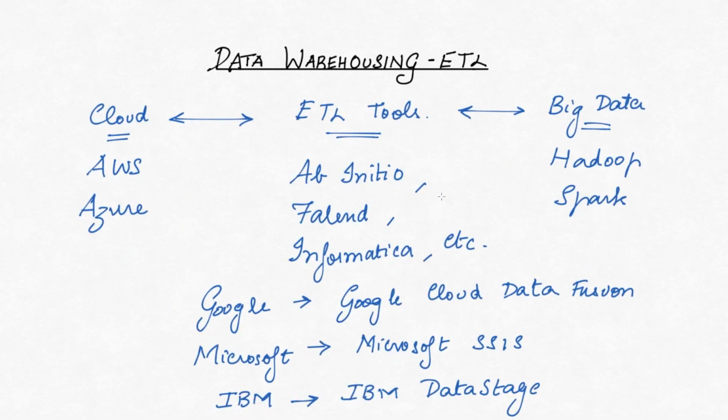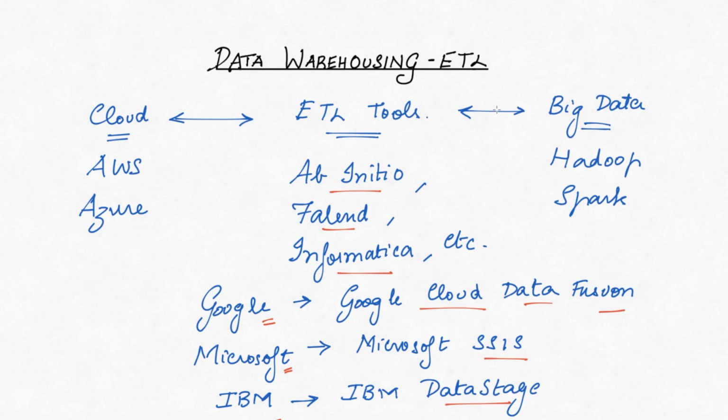To create and maintain these data pipelines, specialized ETL tools are used. Some popular ETL tools are Ab Initio, Talend and Informatica. Companies like Google, Microsoft, and IBM also use in-house ETL solutions such as Google Cloud Data Fusion, IBM DataStage and Microsoft SSIS.